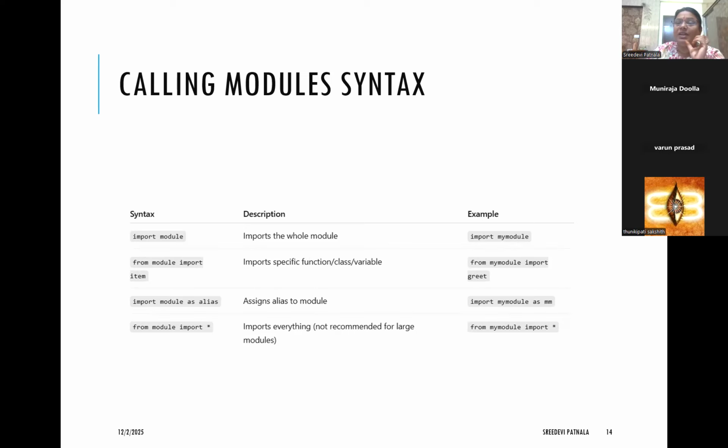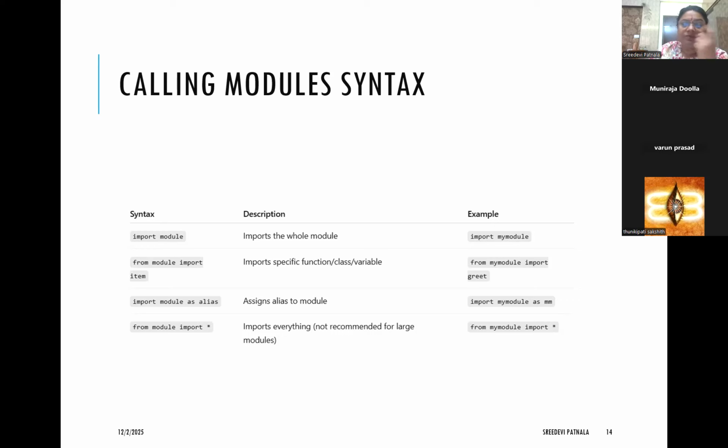If your module name is very big, for example my module, you can simply write import my module as m. Now how will you use it? m dot add 5 comma 4, whereas earlier we used my module dot add 5 comma 4. You can do something like that with the alias name also.